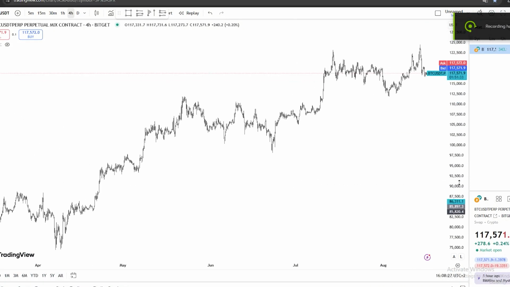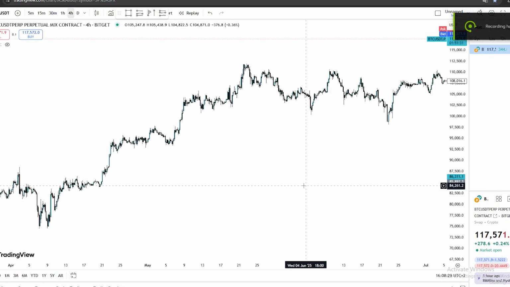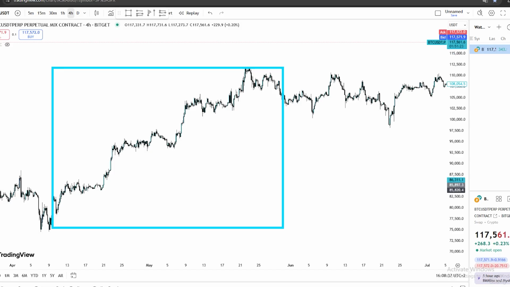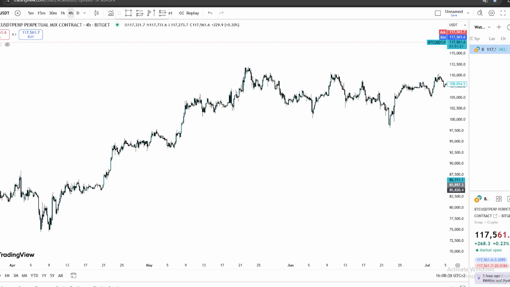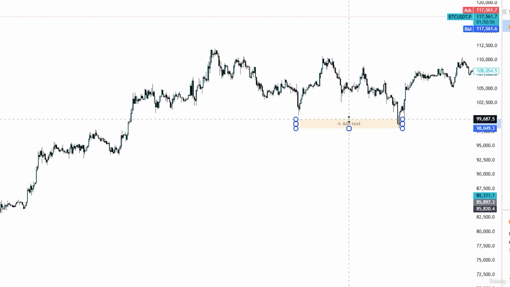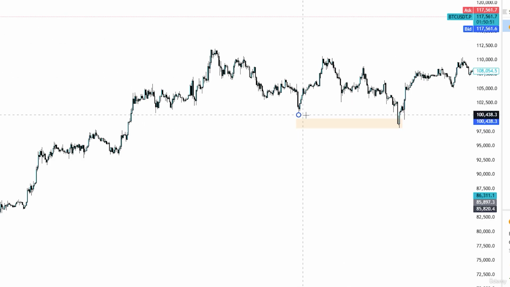Now we are looking at the Bitcoin chart and I want you to focus on the period between April and July. We can see that the market is in a clear uptrend, with the prices forming higher high and higher low swing points. The 100,000 level is also very interesting, because we see a test of the zone below a previous swing low.